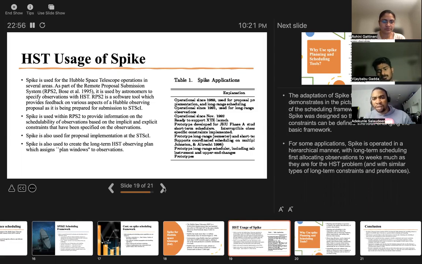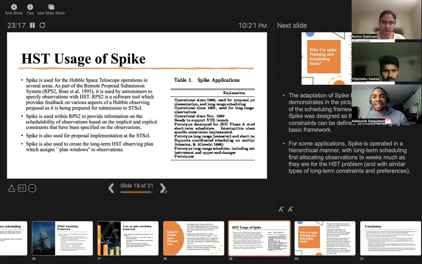So now we're going to take a little look at this mini table here in the Spike application and the explanation. The adaptation of Spike to this problem, as the table in the picture above demonstrates, shows the flexibility of the scheduling framework.